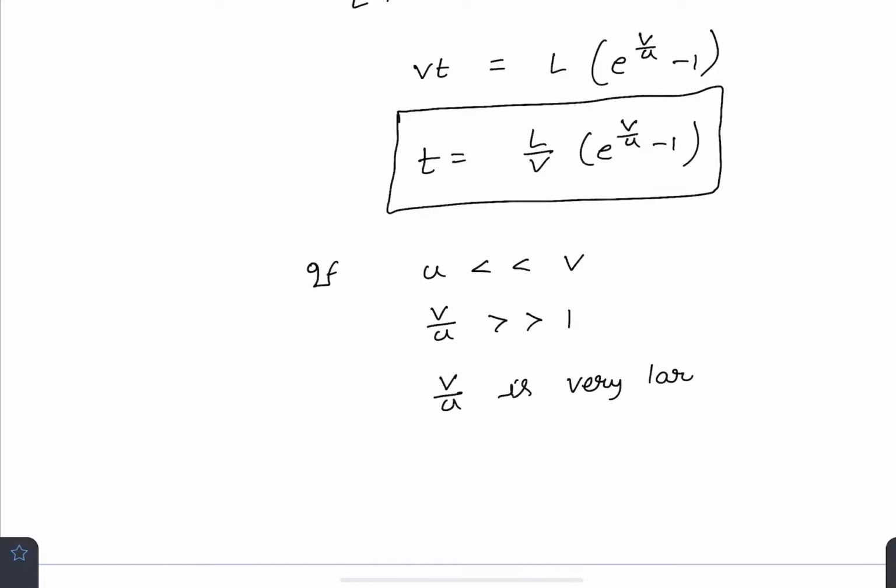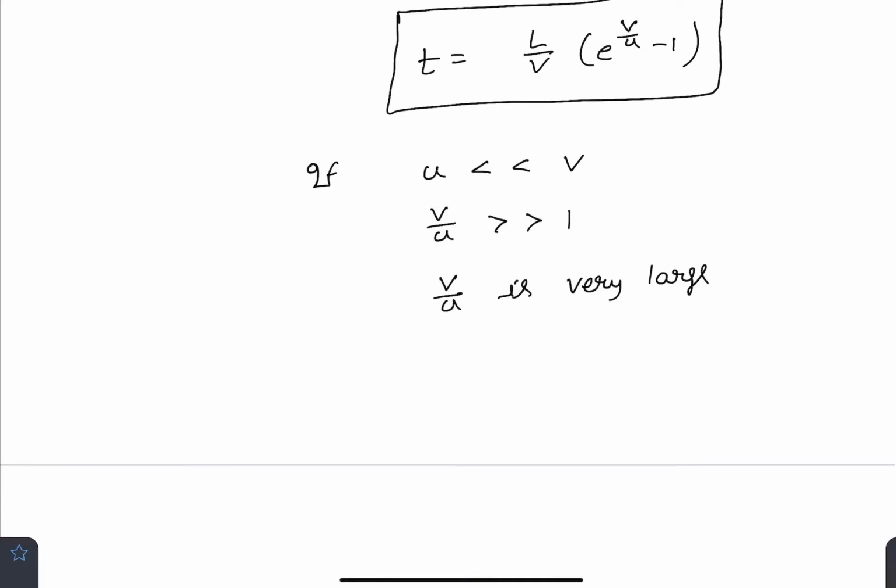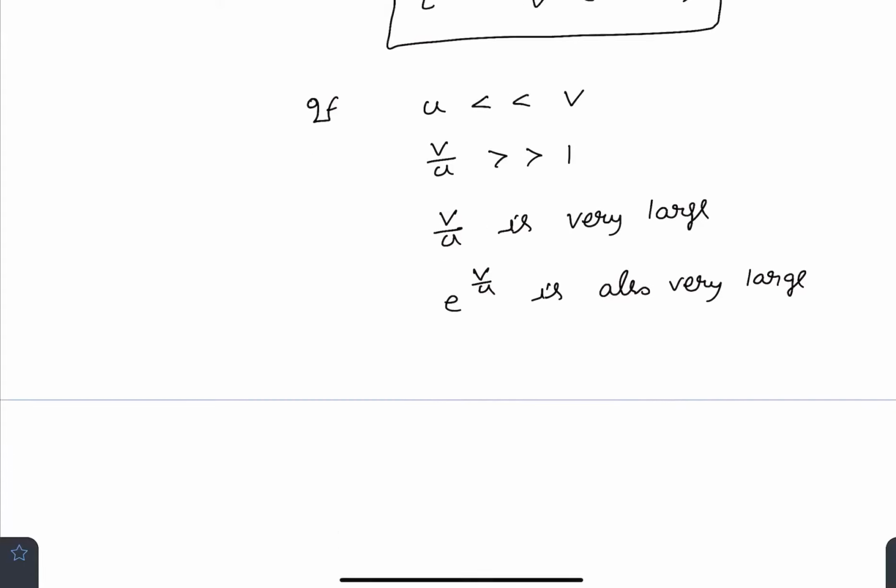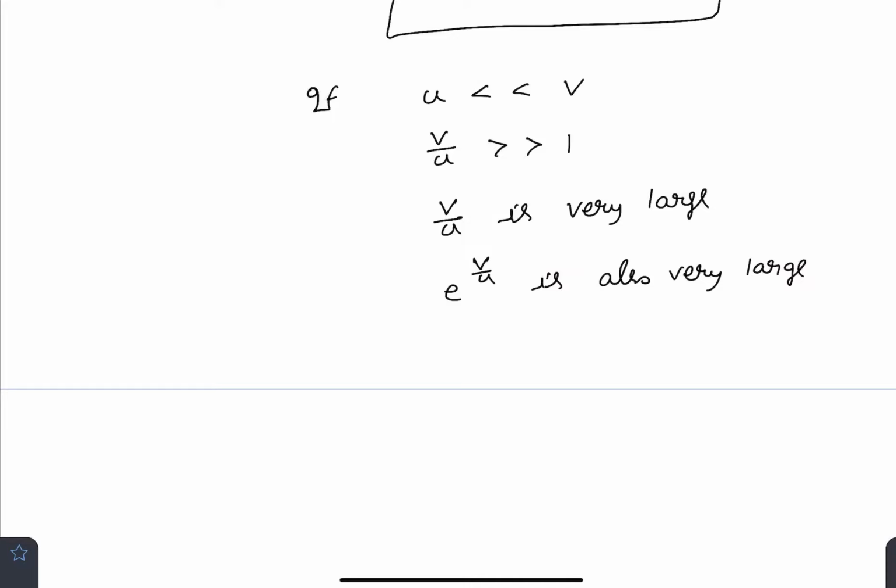If v by u is very large, e raised to v by u is also very large. And if e raised to v by u is large, the time taken by the ant, that is t, would be very large. So the value of t is very high.